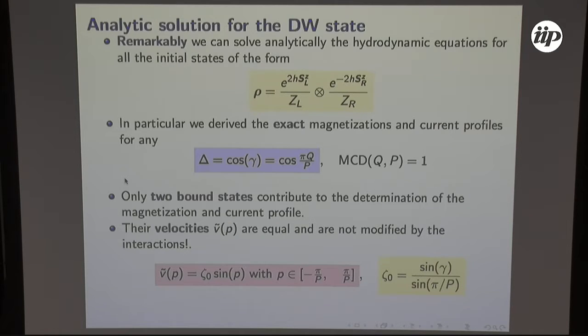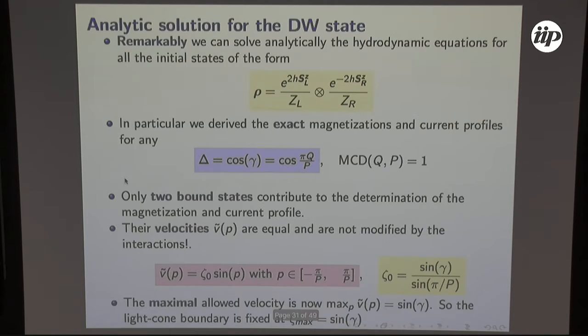The fermions cannot move now with any velocity from 0 to 1, like here. But their velocity gets somehow renormalized by the interaction, in a way. You can say that. So there is a maximum allowed velocity for the fermion to move due to the interaction. And this velocity is sine gamma, where gamma is again related to delta.